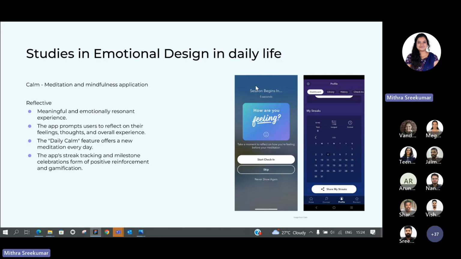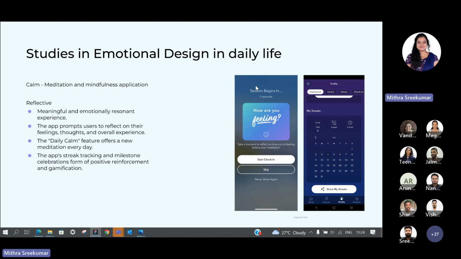So, coming to the reflective part, as the name suggests, it is the reflection, which is actually a long-lasting relationship factor. As the application has that meaningful and emotional attachment, with emotion-evoking text and all, the copy is always "how are you feeling."